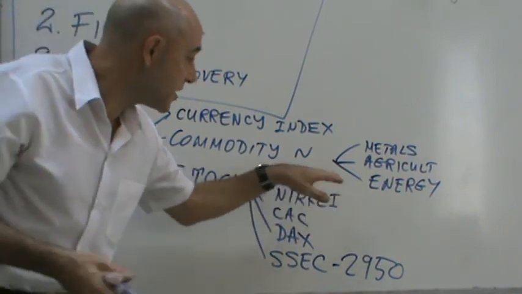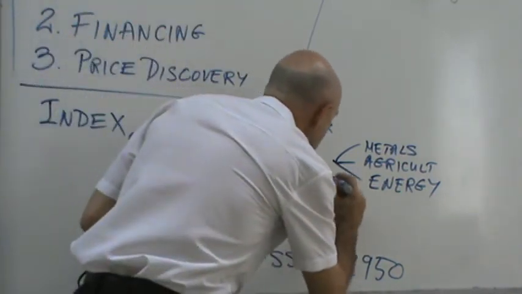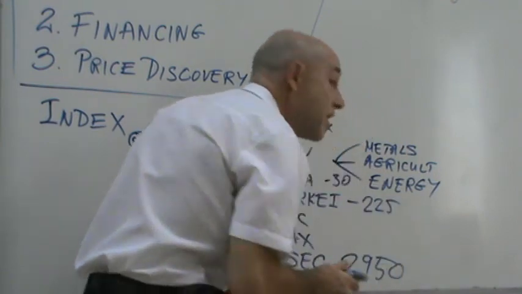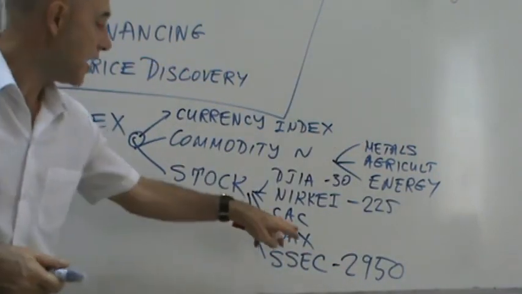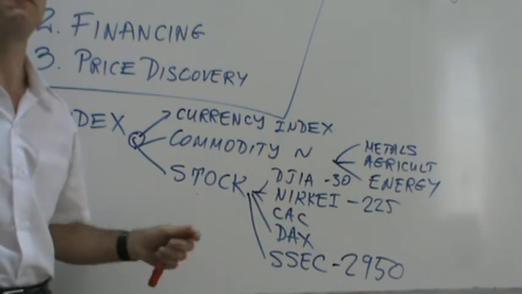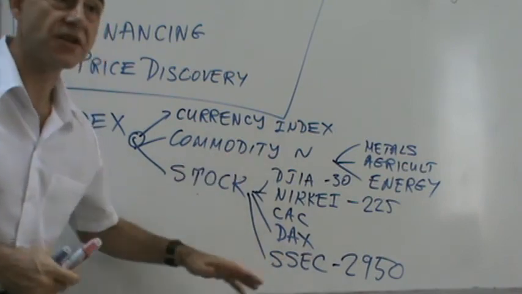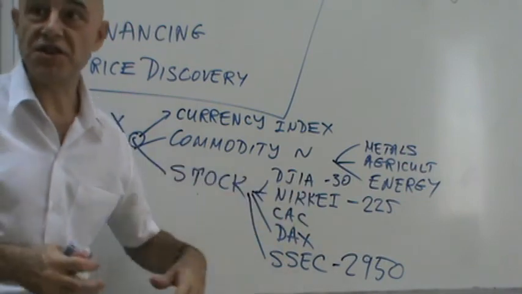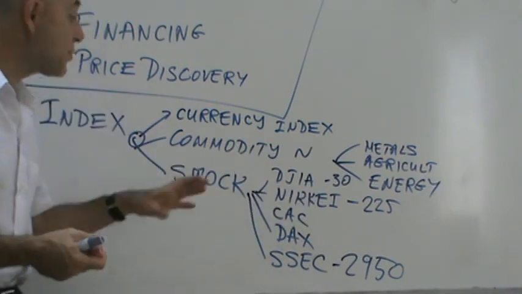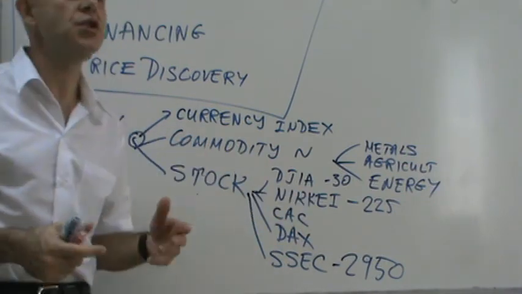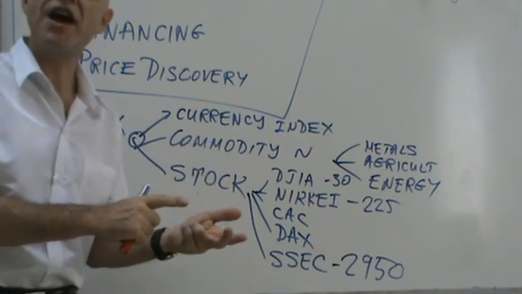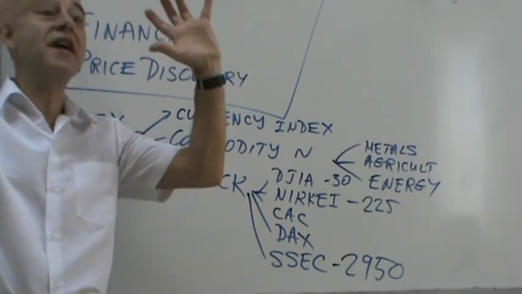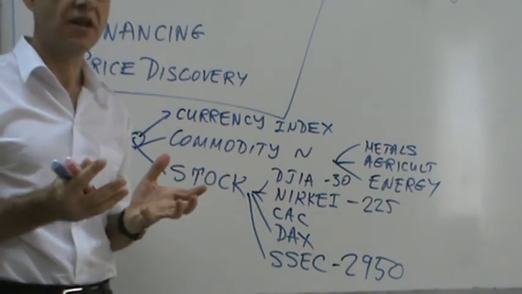So the Dow Jones will be only 30. The Nikkei is going to be 225 companies. I think the DAX is whatever, 40. So you need to understand first the stock index, then you need to understand what is in it. For example, now there are new indices. You take the Japanese, Chinese, Australian, and all other Asian markets, and you get one Asian index.